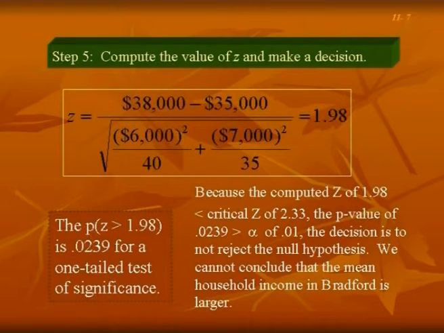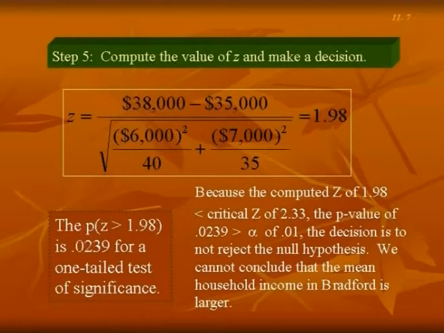At the 1% level of significance, if this Z value is less than or equal to 2.33, then we accept our null hypothesis, or we cannot reject it, because this test statistic value is less than the tabulated value of Z. This is the simplest procedure for testing two population means using the Z-test.